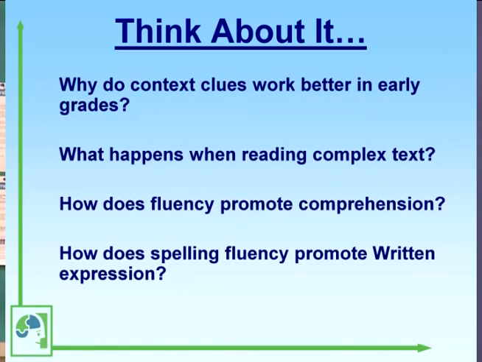Sometimes when a student isn't reading fluently, it takes them longer, there's more mental effort involved, and so their focus is more on how to read the words and not as much on the meaning of the passage. So again, if you're not reading the words accurately, it can change the meaning of the passage. Accuracy is a huge component of oral reading or reading silently.